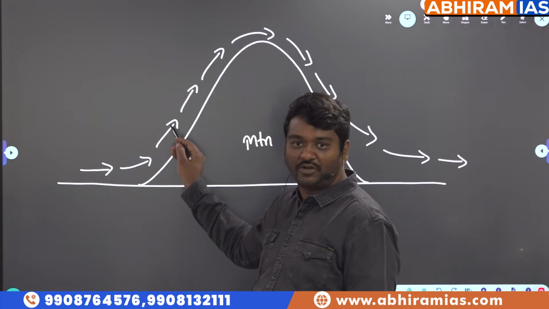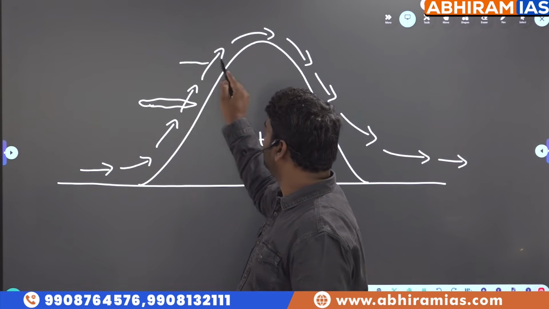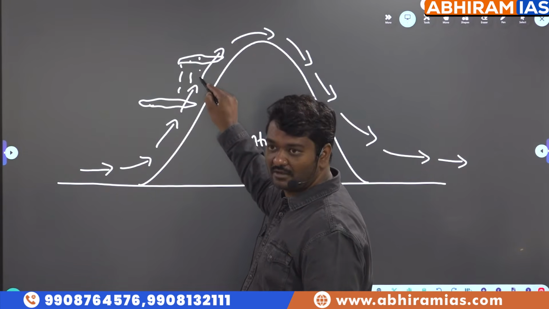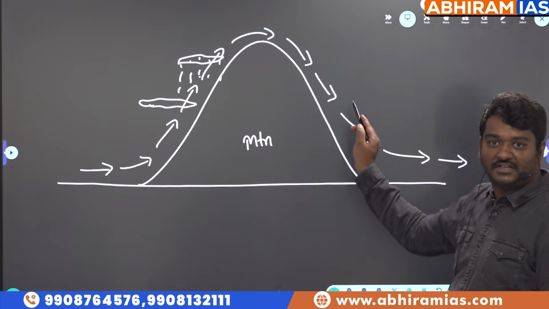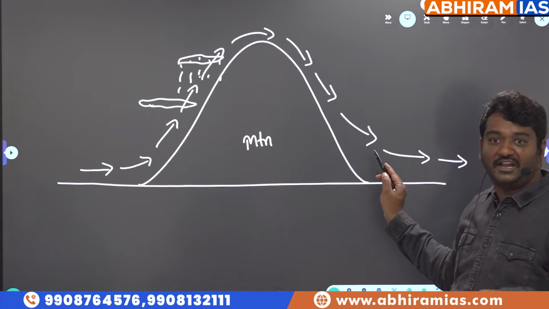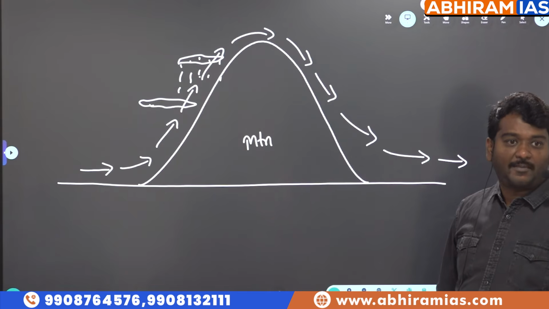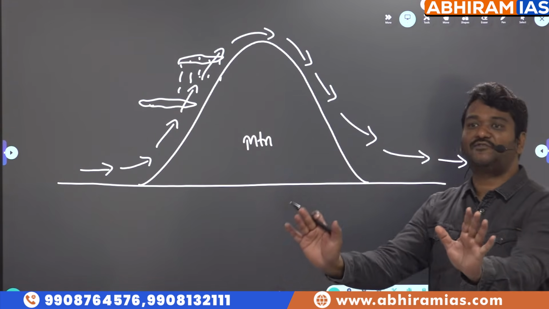Air rises, will it cool? Cooling means what? Clouds. Will clouds give rainfall? Yes. Here, what is the case? Descending. Descending means what? Adiabatic heating. Adiabatic heating means no rainfall. Adiabatic cooling means rainfall.